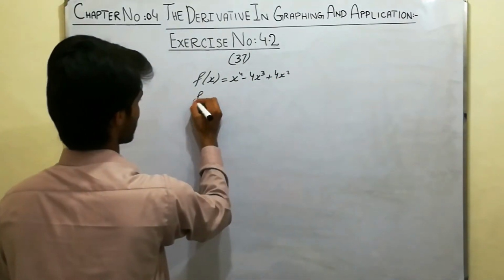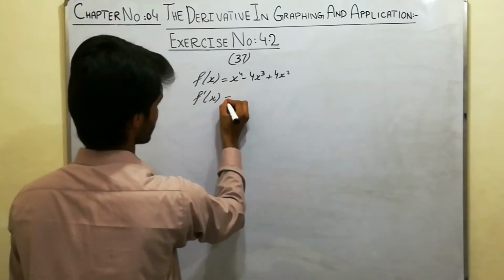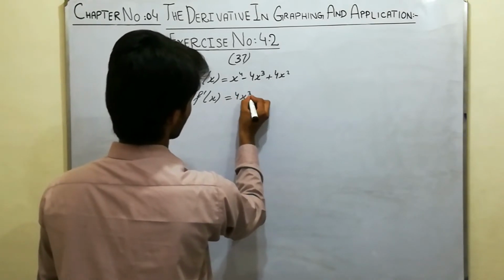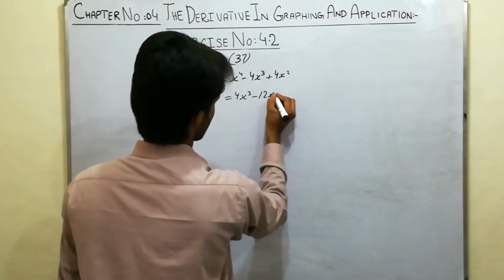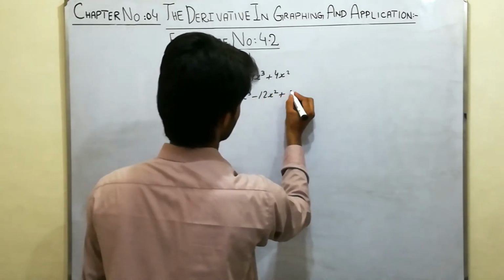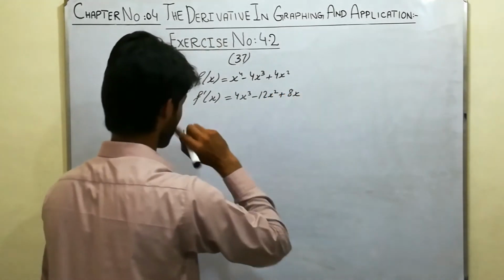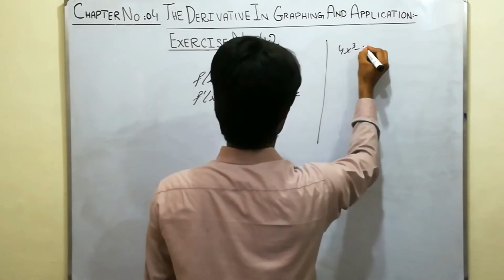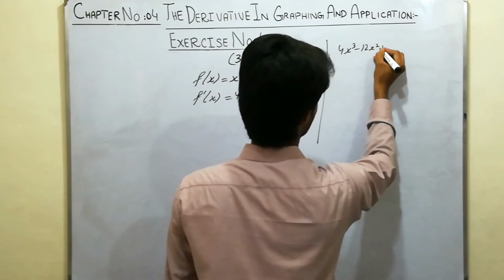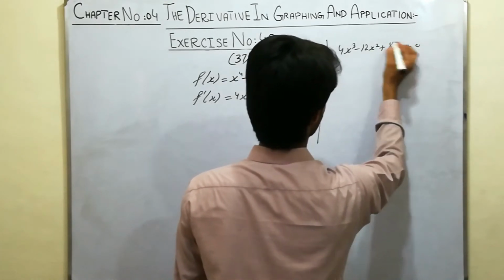If we take the derivative, f derivative x is equal to 4x cubed minus 12x square plus 8x. Put f derivative x is equal to 0.